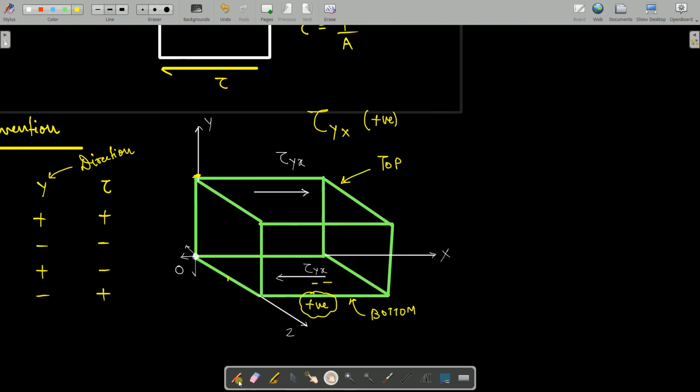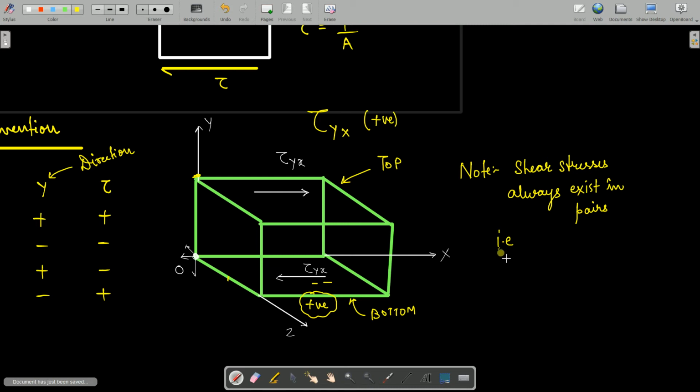Another thing, your shear stress always acts in pairs. You write here a note. Shear stresses always exist in pairs. That is, they are complementary.